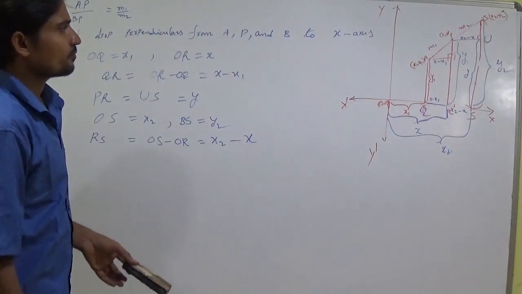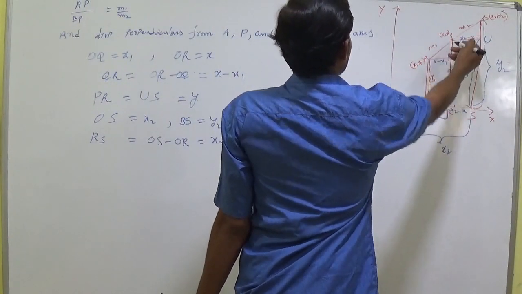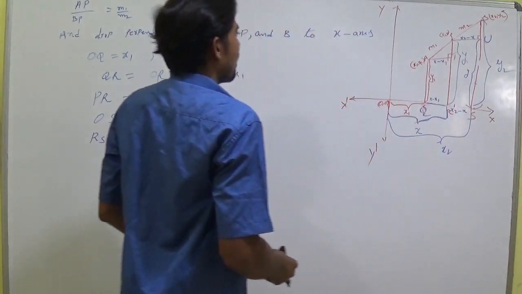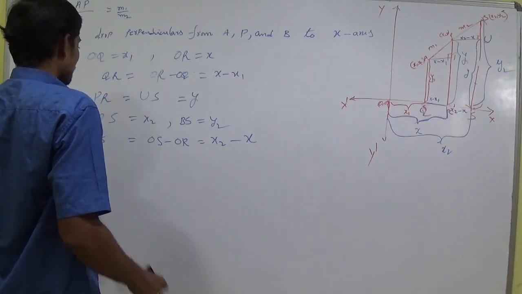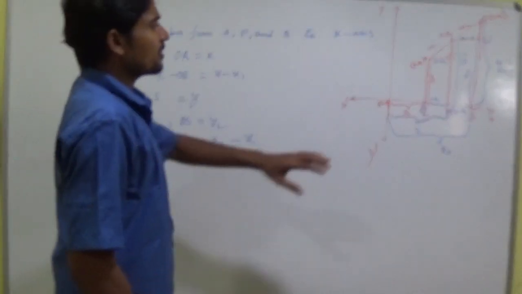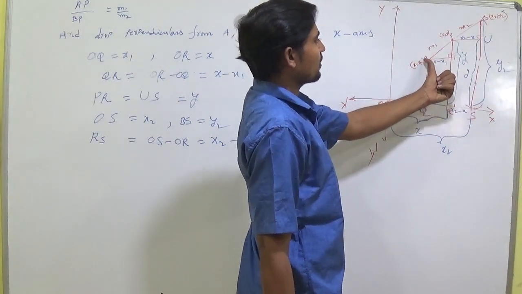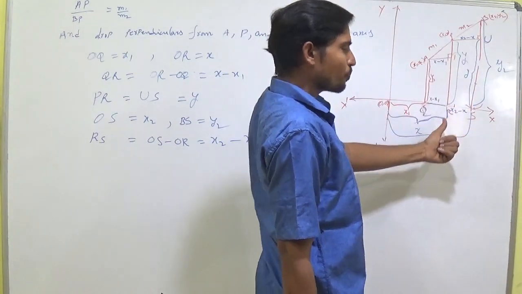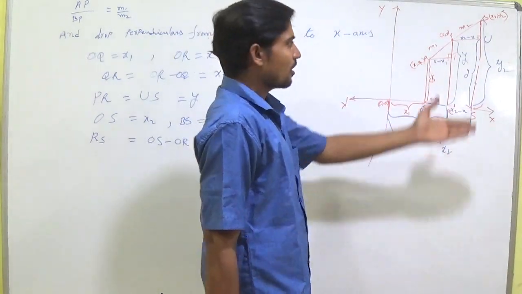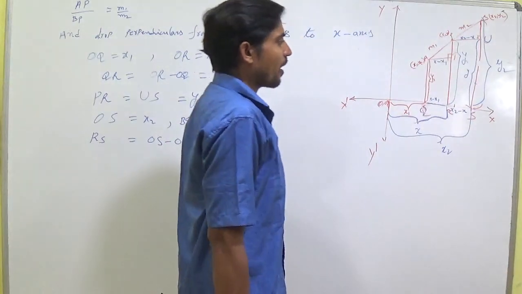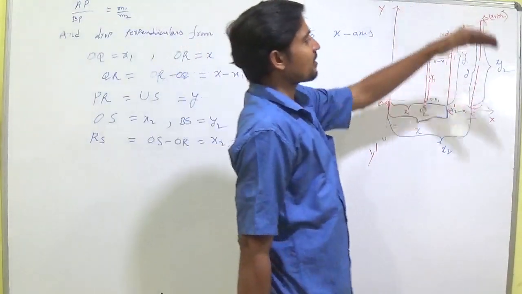Then draw a line parallel. AT is perpendicular to PR. At the same time, AT is parallel to the x-axis, and PU is also parallel to the x-axis. When two lines are parallel, corresponding angles are equal.